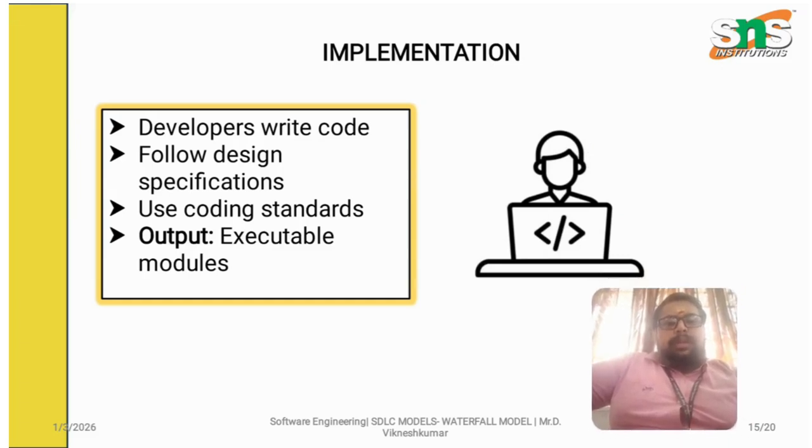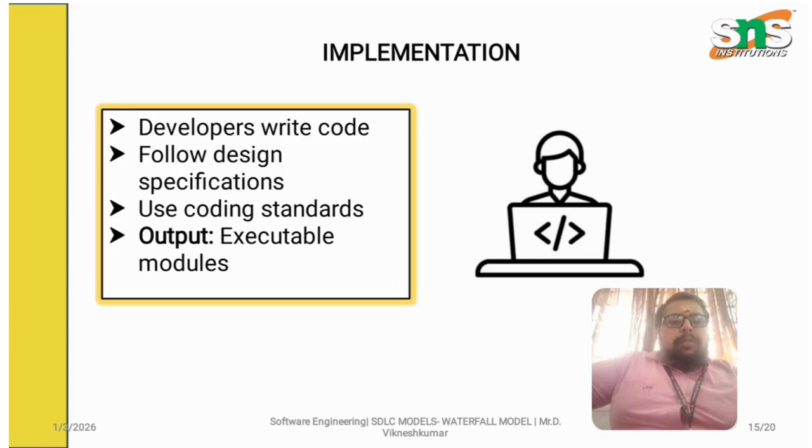Next is implementation. Implementation is where you develop the code. Developers develop the code based on the architectural design, following the design specification, and the coding standards will be used.